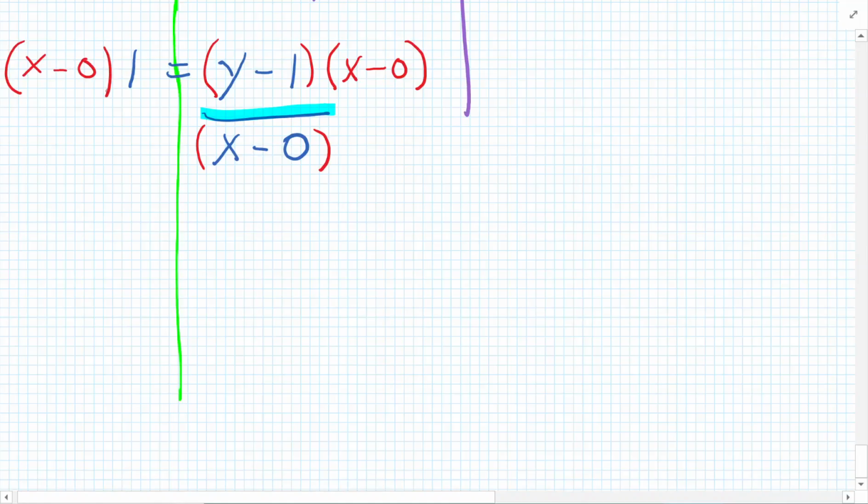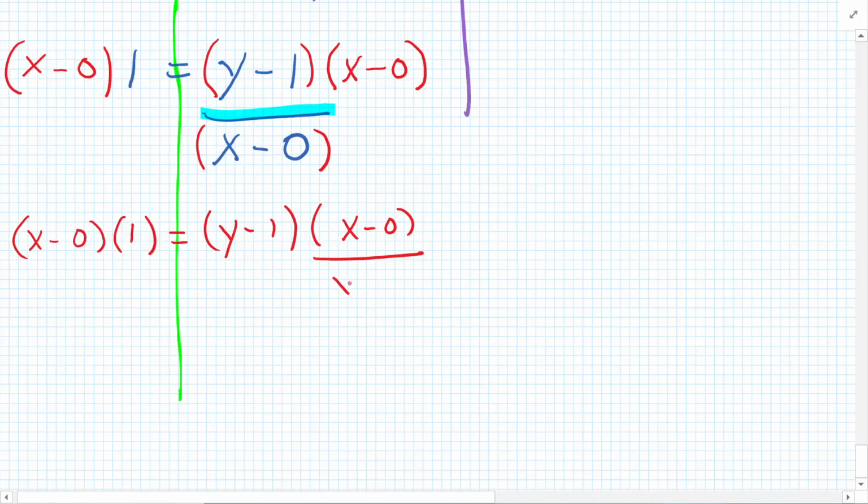Okay. What I have now is x minus 0 times 1 equals y minus 1 all times x minus 0 over, and I'm just going to slide that over so you can see that this is like 1 over 1 equals 1, right?